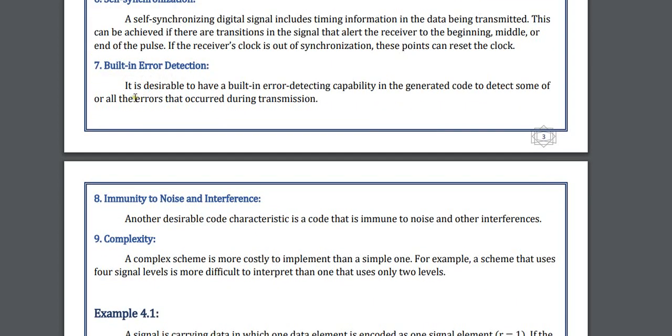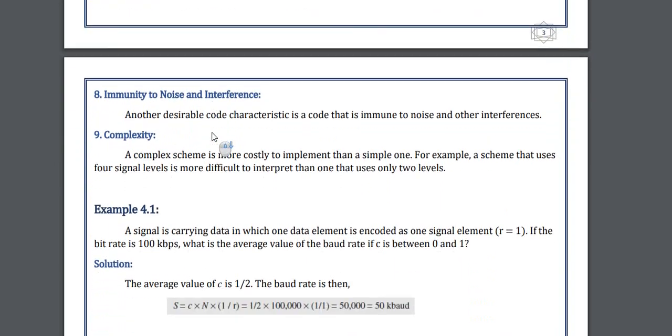Built-in error detection. It is desirable to have a built-in error detection capability in the generated code to detect some or all of the errors that occur during transmission. Now, immunity to noise and interference.